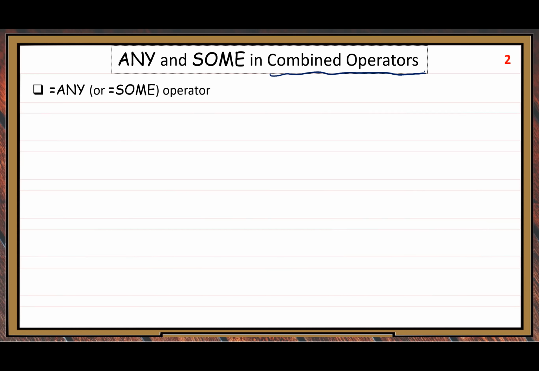Just based on the meaning, you can understand equal any of the tuples in the multiset. Actually, equal any and equal some are equivalent, with different names but the same thing. From the English, you can figure it is the same meaning. Here it is equivalent to the in operator.